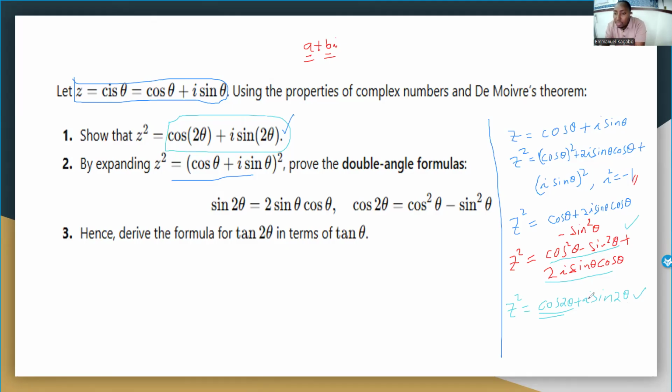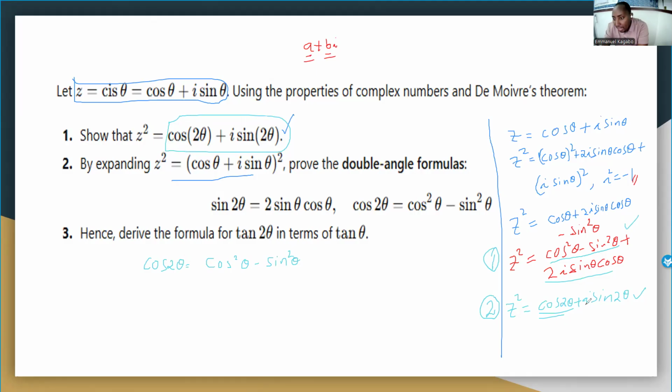So the real part of this expansion, and the real part of the other, should be equal, right? It means cos 2 theta equals cos squared theta minus sin squared theta, right? Is that okay for everyone?